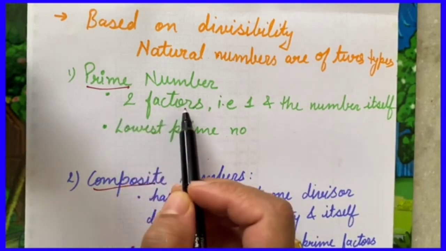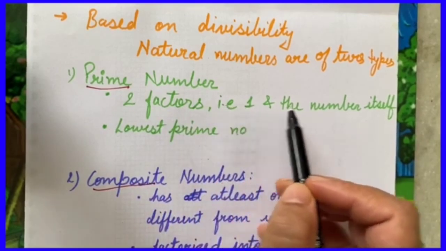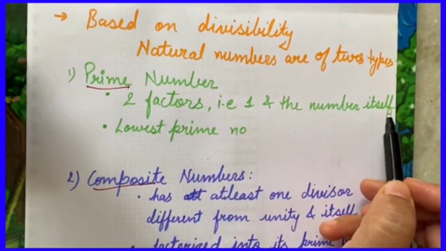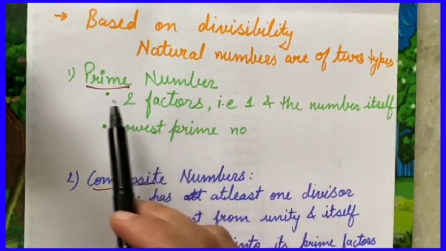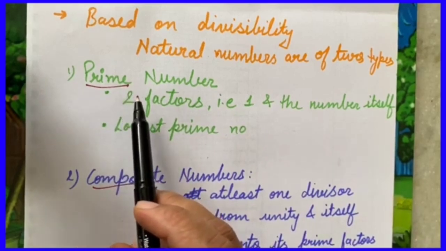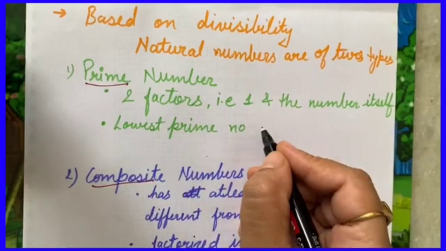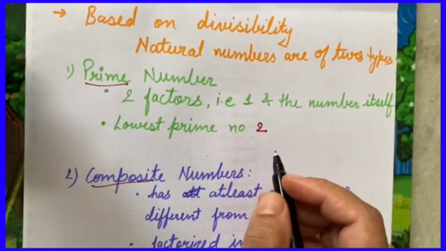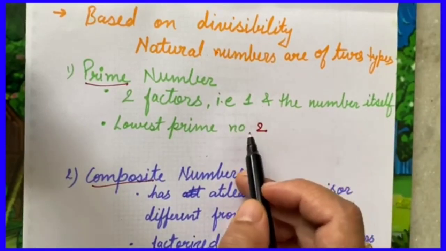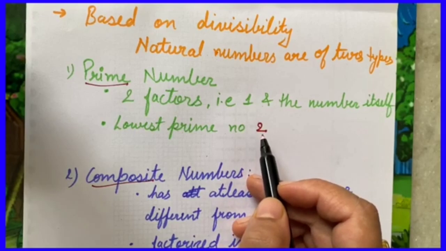How many factors? Two factors. That is 1 and the number itself. So such numbers are called prime numbers or prime natural numbers. The lowest prime number is 2 and 2 is also an even number. So 2 is an even prime number.